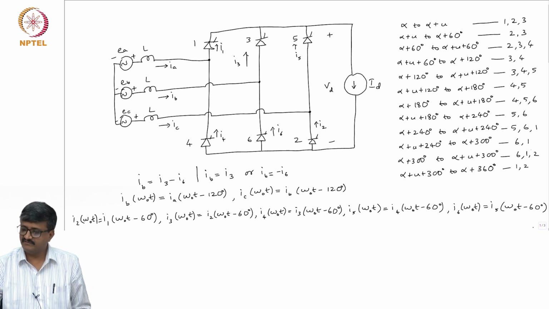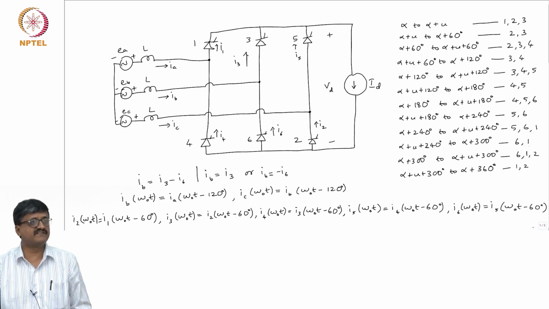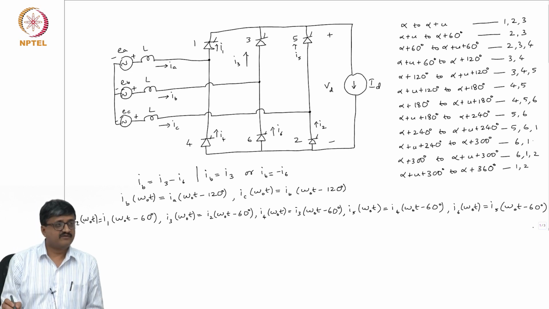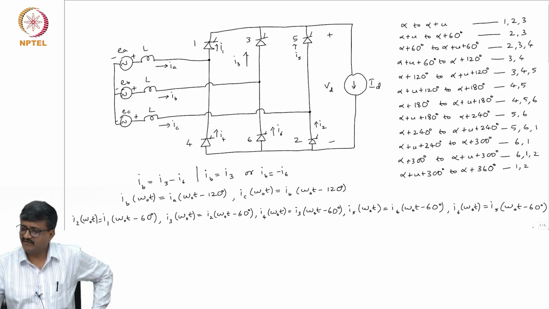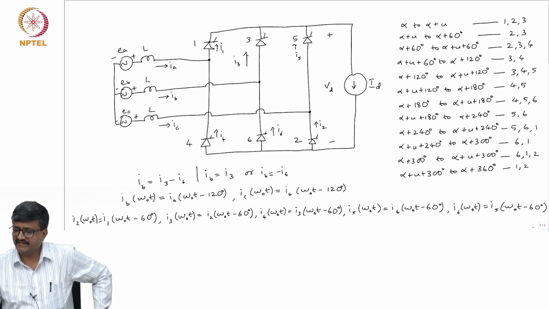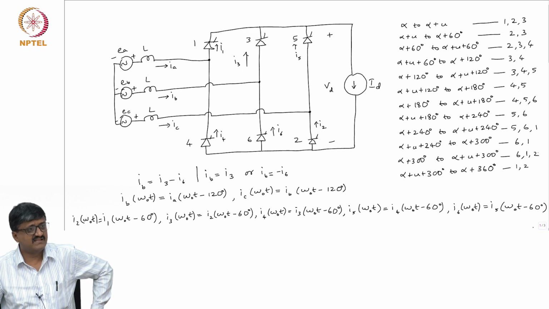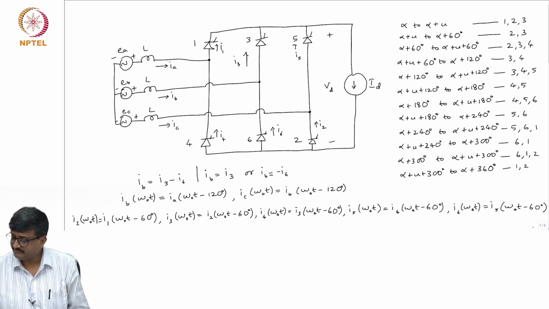The same thing happens even in the next subinterval alpha plus u plus 240 to alpha plus 300, 6 and 1 are conducting. So, as long as only 6 is conducting among 2, 4, 6, IB is equal to minus ID. That happens from alpha plus u plus 180 degrees to alpha plus 300.